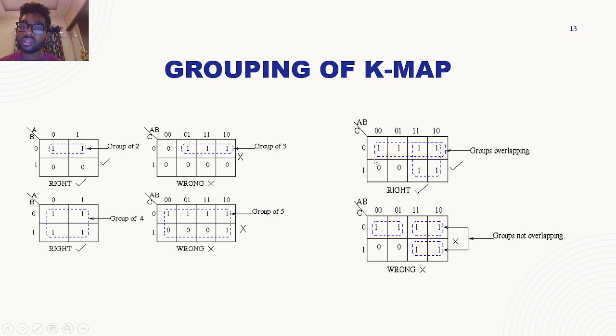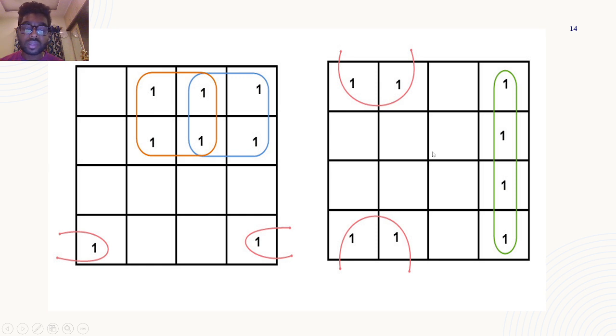So let's make it a simple problem and reduce the variable size. Again, here is another example where an octal is there. Now, a four variable K-map is there, but we do this by the paper folding technique.